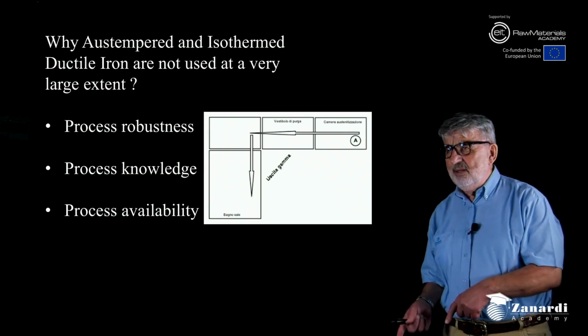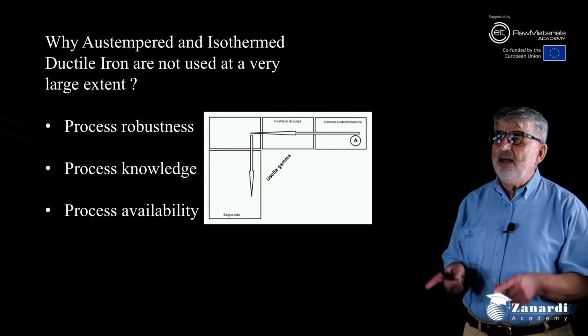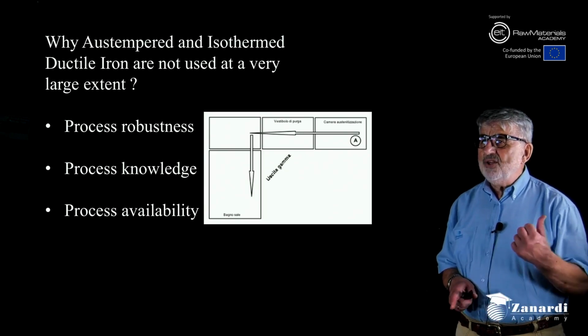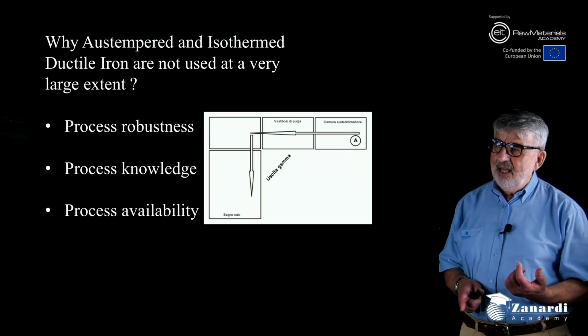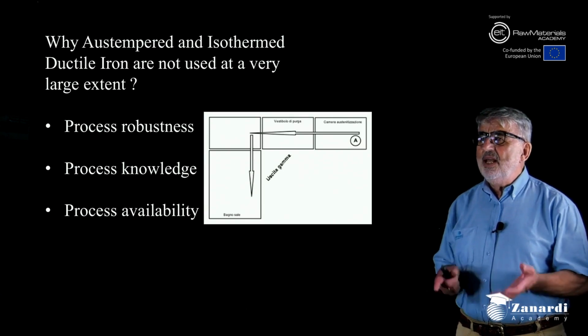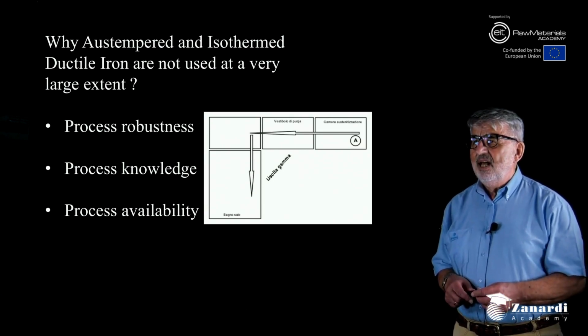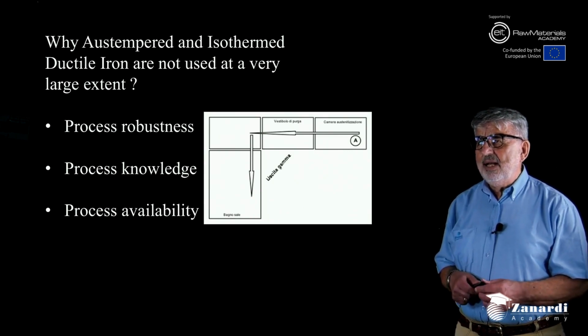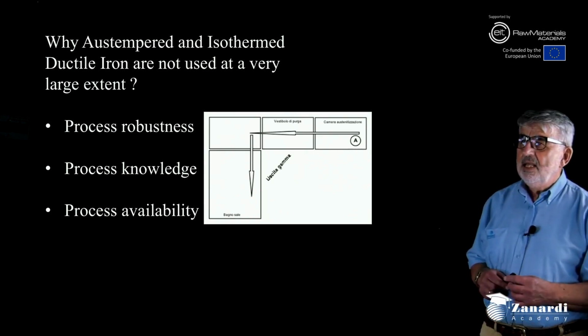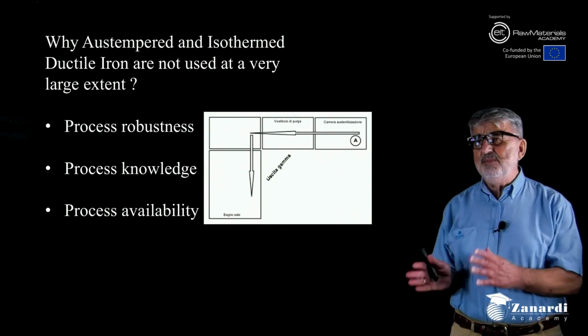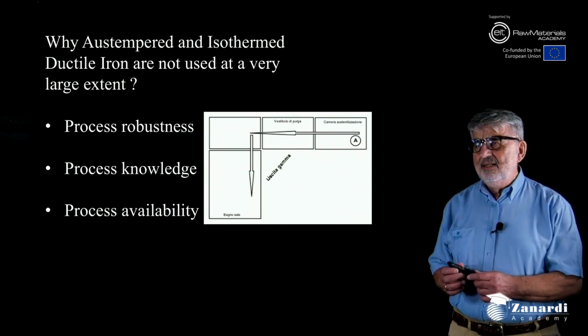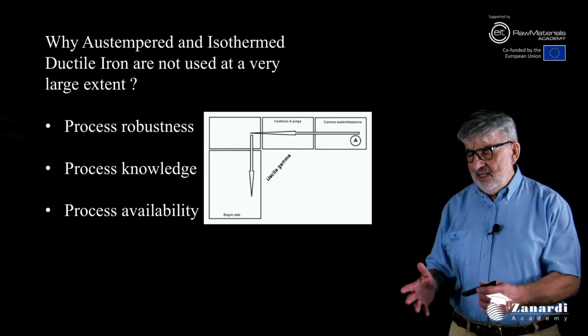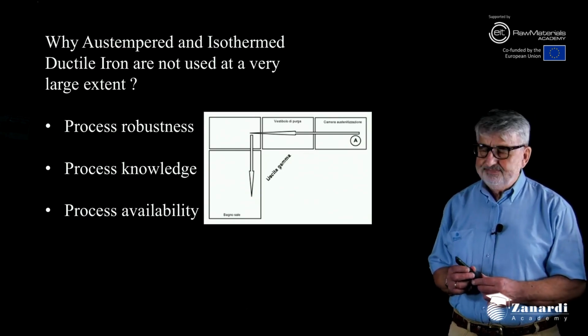If the salt bath is not adequate to make a rapid quenching, we are obliged to increase the alloying content. And by increasing the alloying content, we increase the segregation of elements. And segregation of elements gives a great contribution to poor mechanical properties. So we need to have a high quenchability of our salt bath.